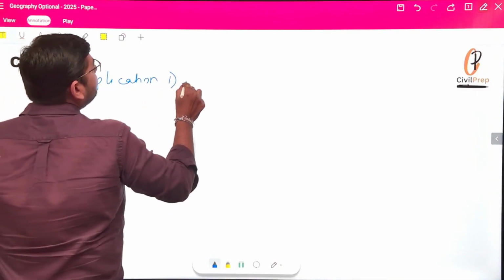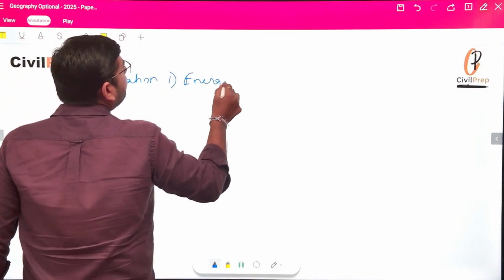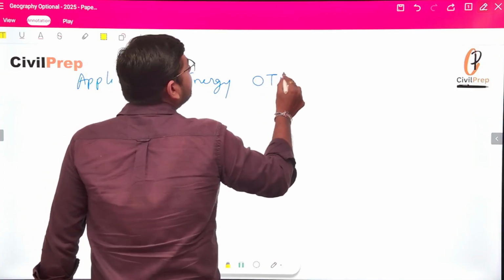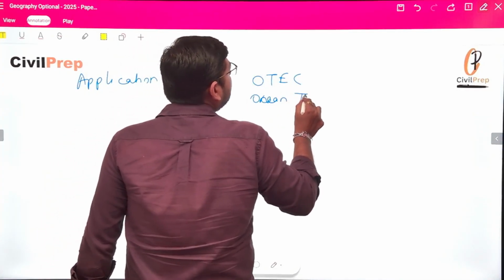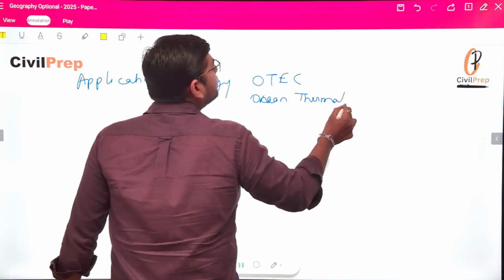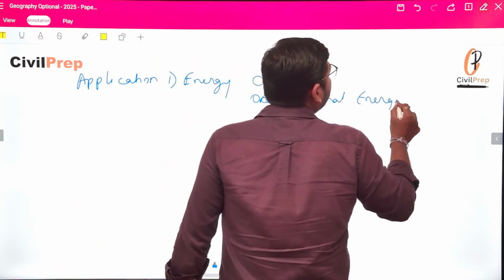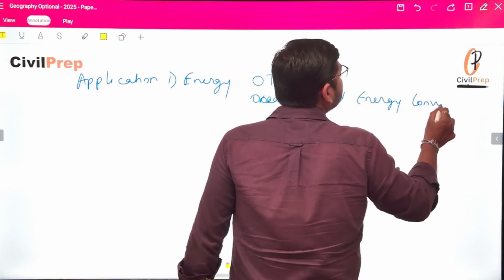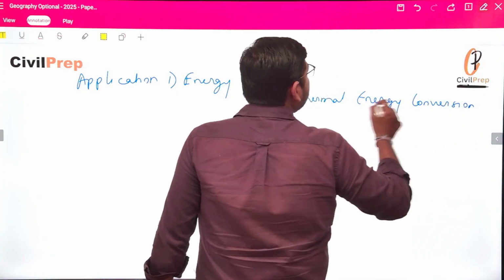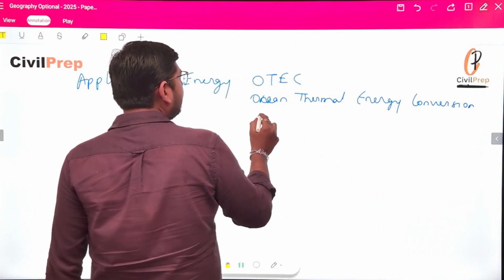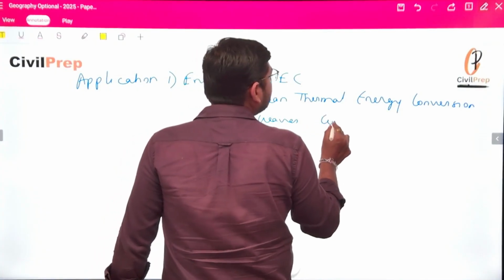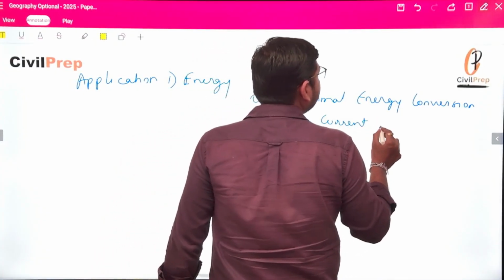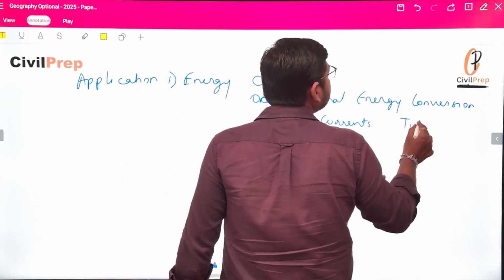Number one, the development of energy, which is OTEC, that is ocean thermal energy conversion. This can happen in all three factors. It will happen along the waves, along the currents, and also along the tides.